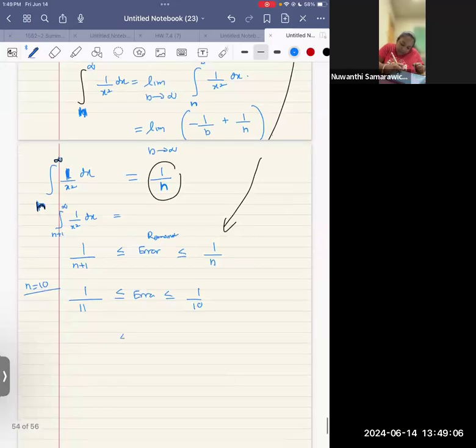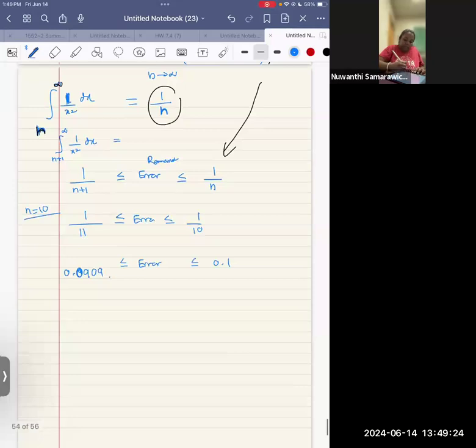So the error is between these two numbers. That is, the remainder is between, this should be 0.9090. So the remainder estimate is between these two values.